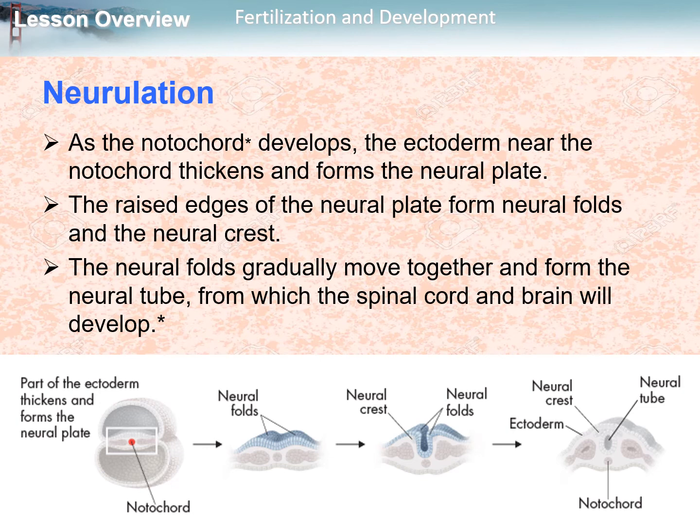So basically, neurulation is just the formation of the neural tube from the folding of the neural plate, and then a crest is formed.